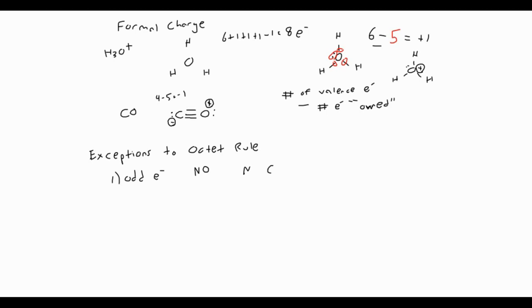So our skeleton, we have 1 bond at least, and if we take all of our lone pairs, 2, 4, 6, 8, 10, 12, 14, that's too many electrons.